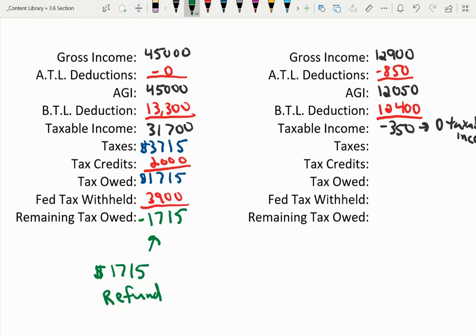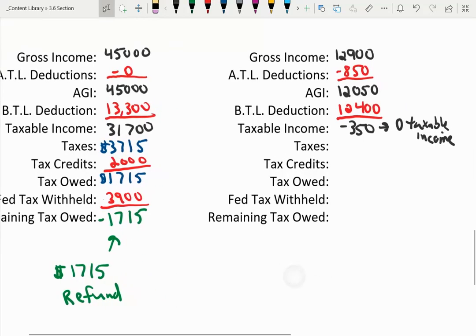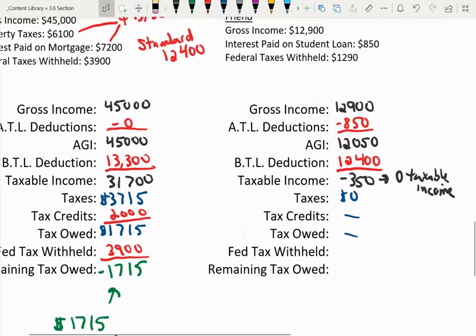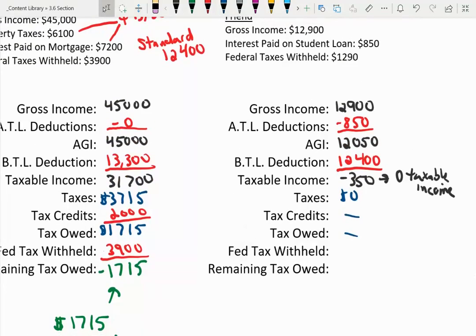With Ray's tax credits and the deductions and whatnot, he was able to adjust it so that he ended up with a refund. Now, in his friend's situation, his friend ended up owing zero taxes because his income was less than the standard deduction. He didn't have any tax credits, so he ended up owing no taxes. However, his job withheld $1,290 from his paychecks.